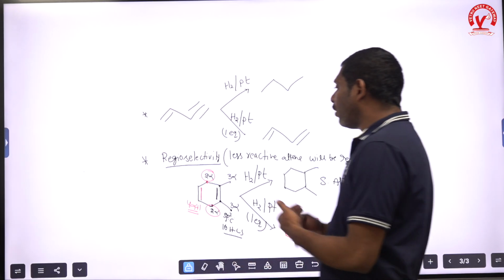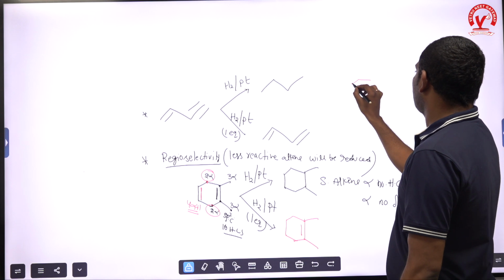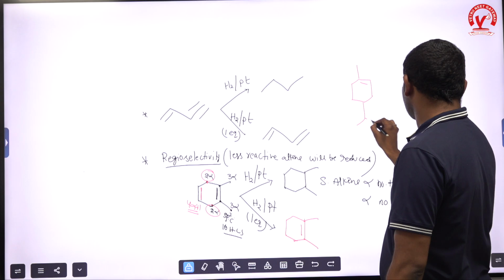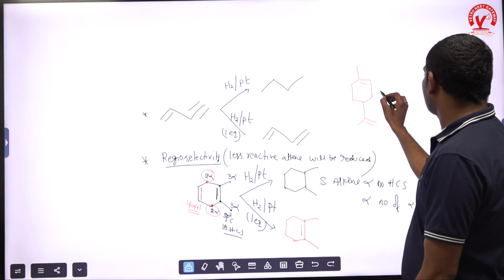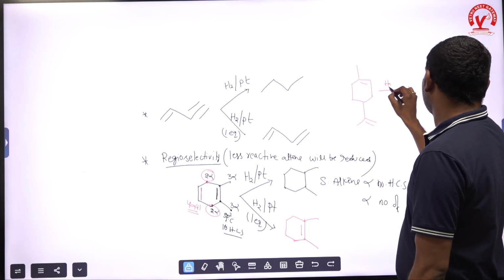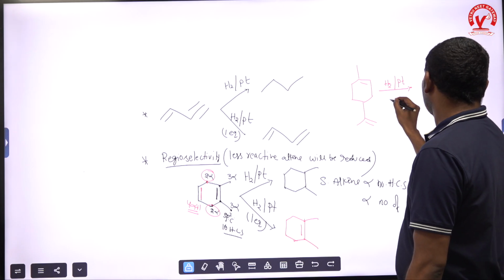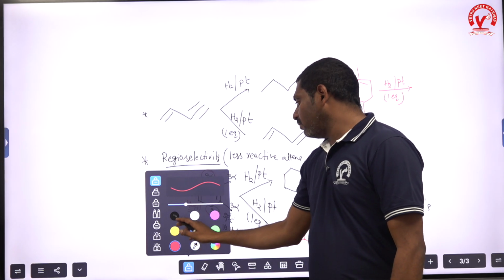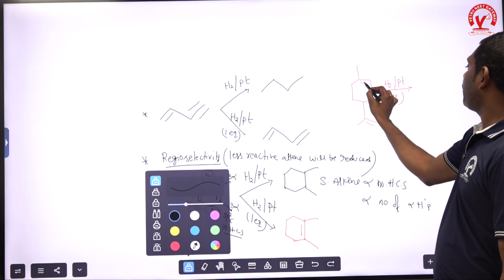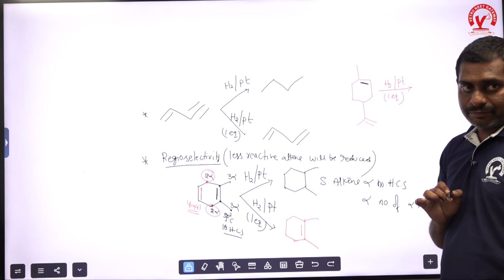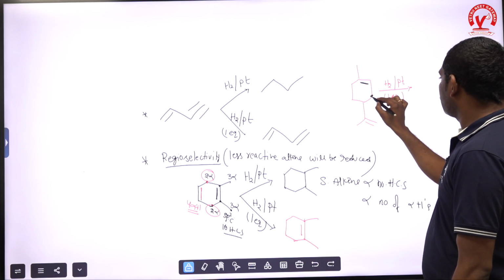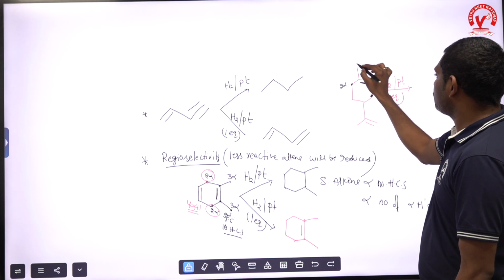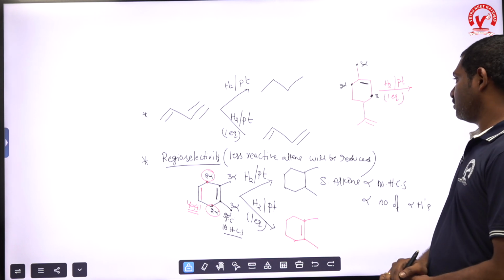Like that, if we take one more example, if you take this molecule with hydrogen in presence of platinum, one equivalent, which bond will be reduced first? For this pi bond, first count the alpha hydrogens. Here 2 alpha hydrogens, here 2 alpha hydrogens, here 3 alpha hydrogens.